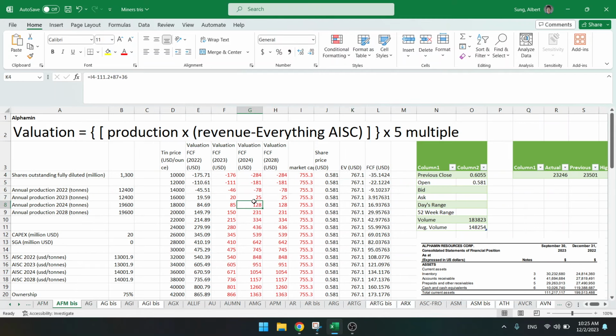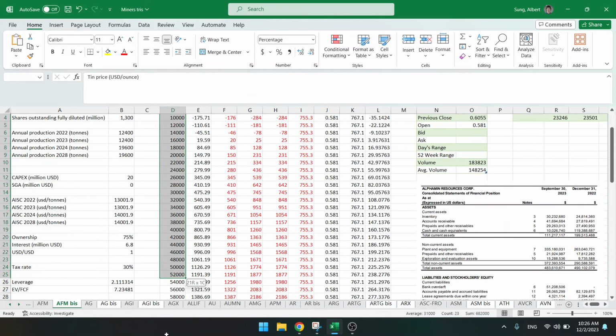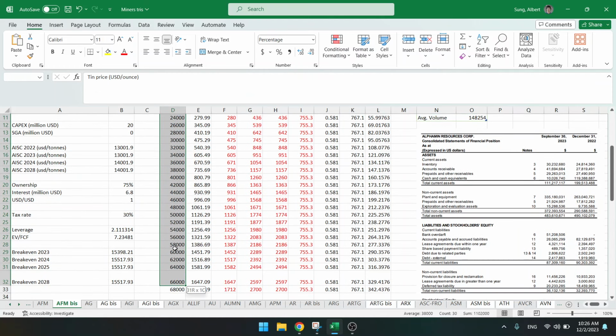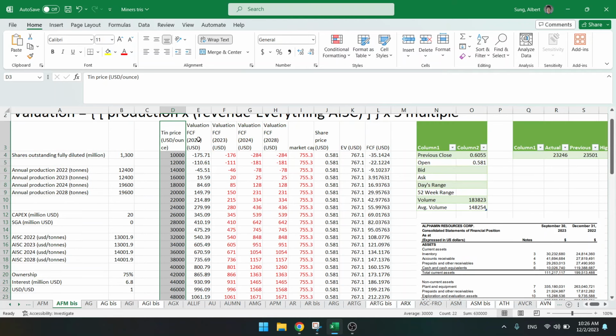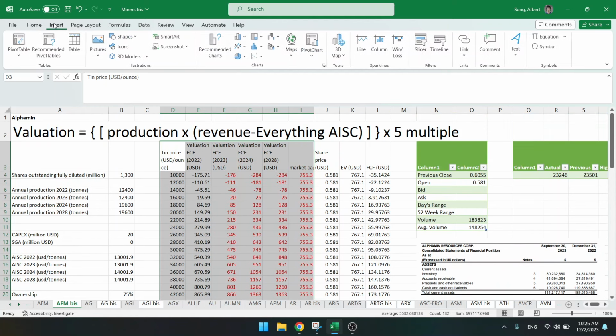So what were we talking about? Okay, I have added the 75% ownership. Let's create the chart. 50,000 should be the maximum price of tin.